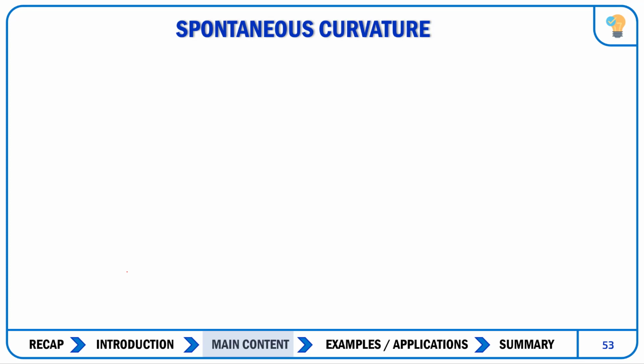So now the last things I want to go through are something called spontaneous curvature. With spontaneous curvature, there are actually 4 options, or basically 4 cases. You can have the curvature represented as kappa.